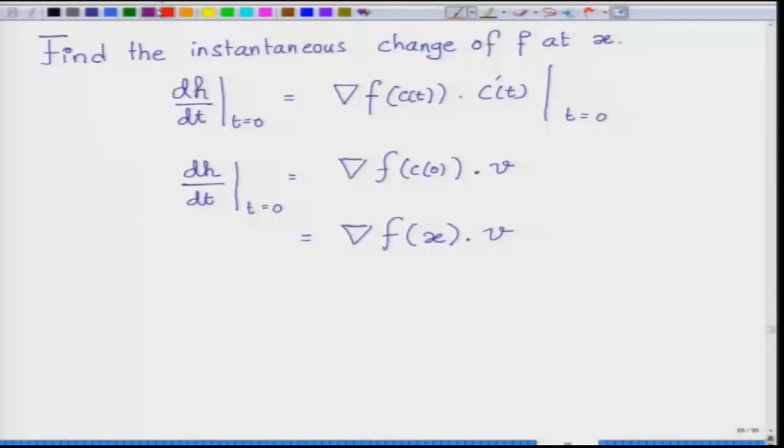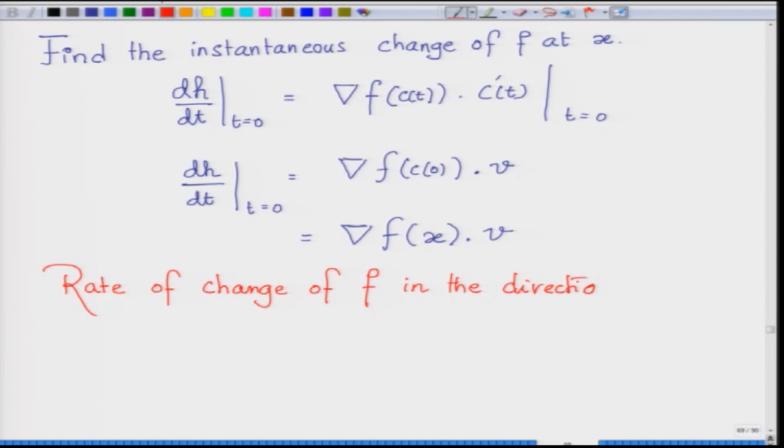It is the rate of change of f, the function value, in the direction v at the point x. And voila, this is what is called the directional derivative.